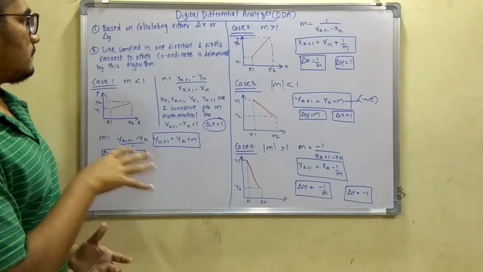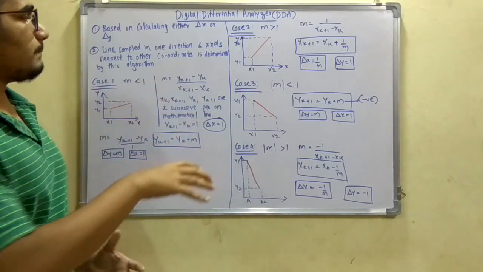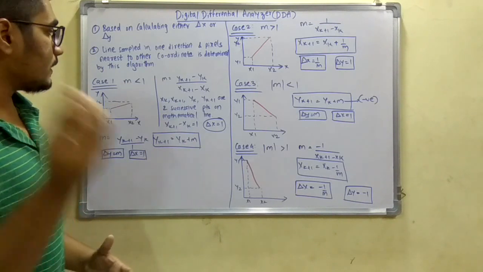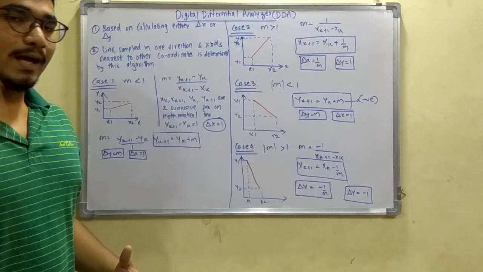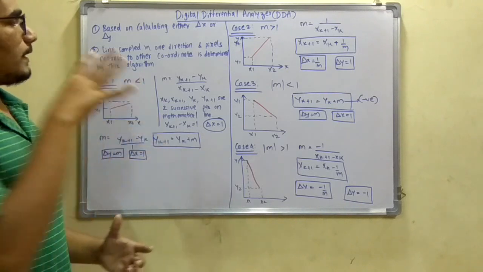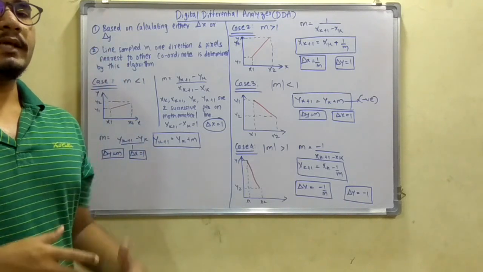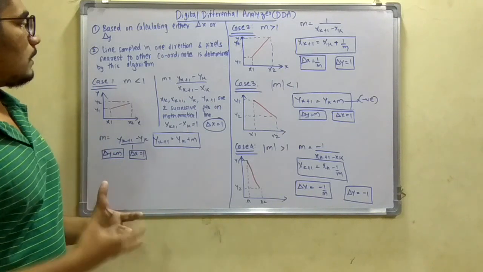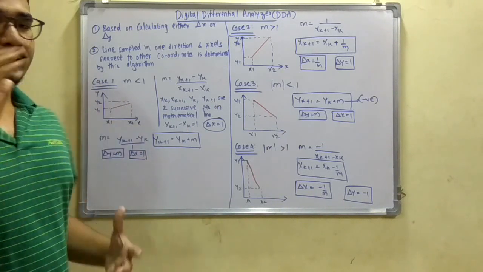The pixels nearest to the other coordinate on the other side are determined by this algorithm. In one direction we do some processing, and from the other side we get the direction. So this is the overall concept regarding the DDA algorithm.